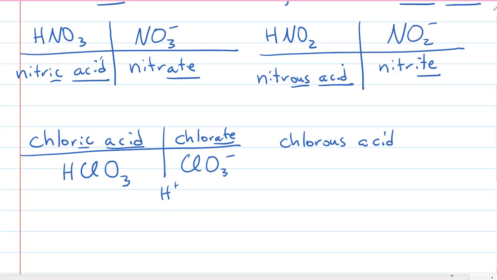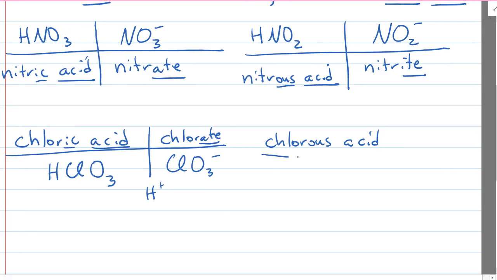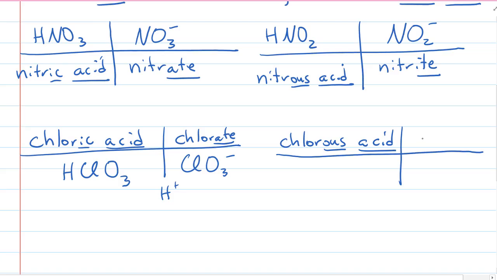So then if we want to do chlorous acid, it has an OUS acid suffix, which means that it was derived from which ion? ITE. Chlorite. Well, if you memorize chlorate, this is the one that you were to memorize, that must mean that the chlorite ion has a formula of ClO2 with a single negative charge.